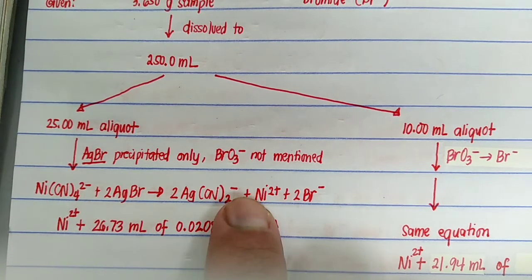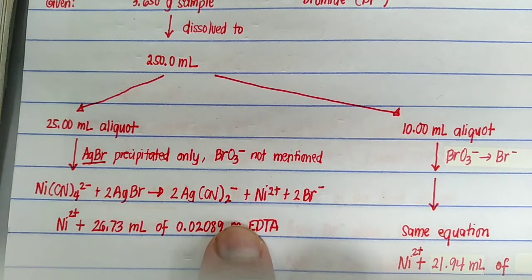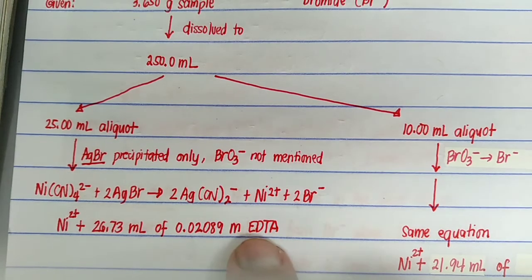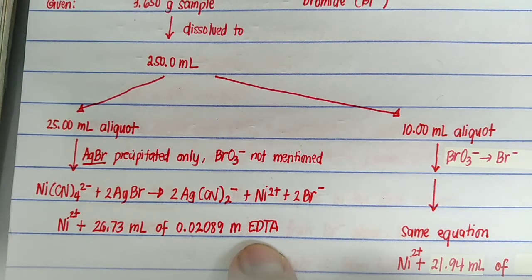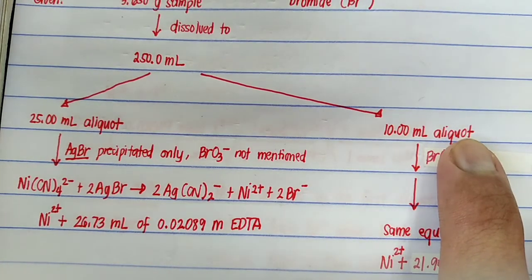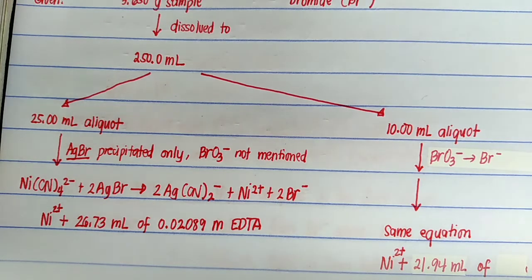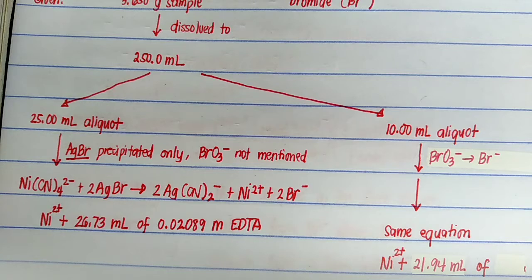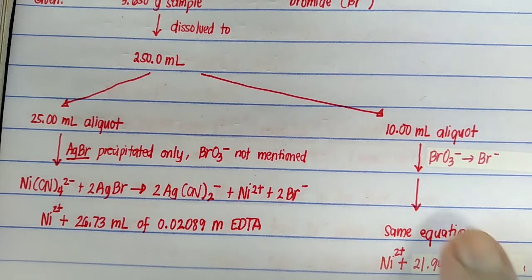So the following relevant data were given for the 25 mL aliquot of our solution, which I've already summarized over here. Now, as to your 10 mL aliquot, if you read carefully, what it says in the book is that our bromate was reduced to bromide prior to the addition of silver nitrate.